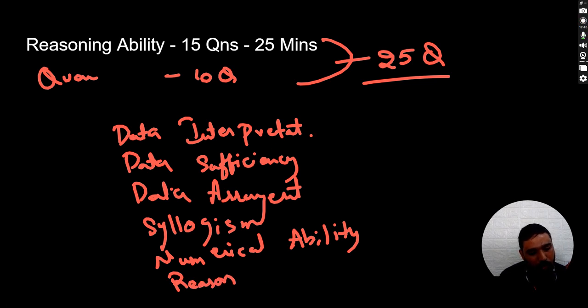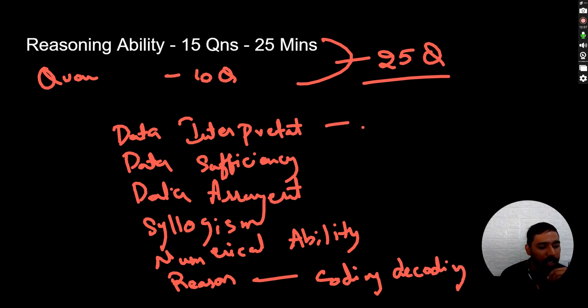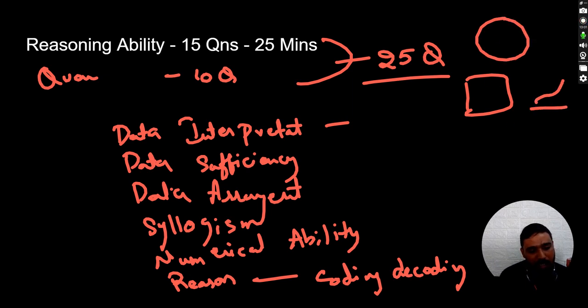I would tell what that is. Many of them are from the reasoning part only, basically the coding-decoding part. So data interpretation is bar graphs, pie charts, linear graphs, all those things.